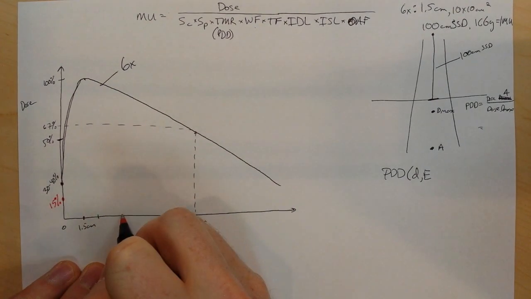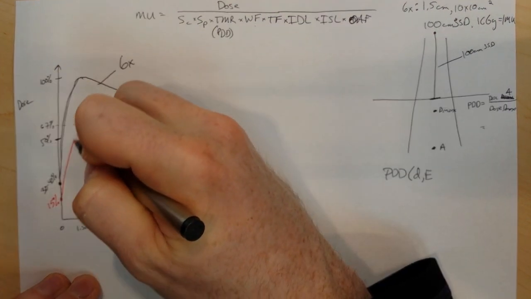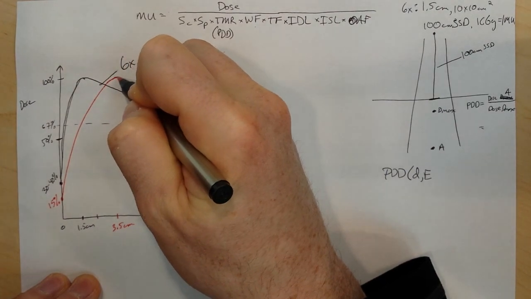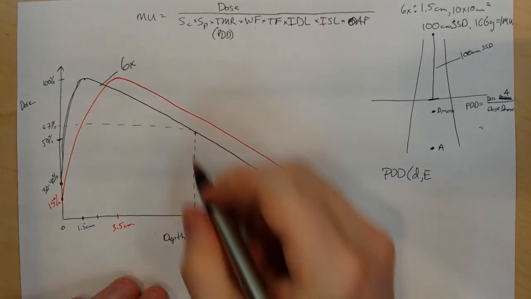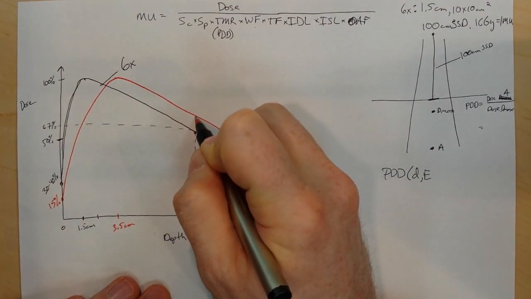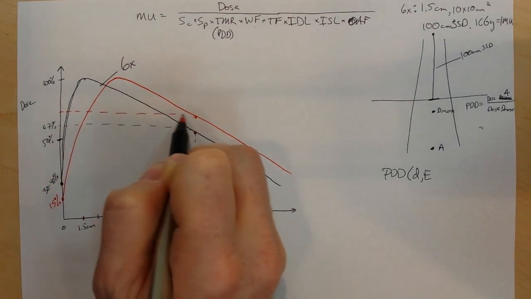My max dose is going to be at 3.5 centimeters. My percent depth dose at 10 centimeter deep is going to be 78%.